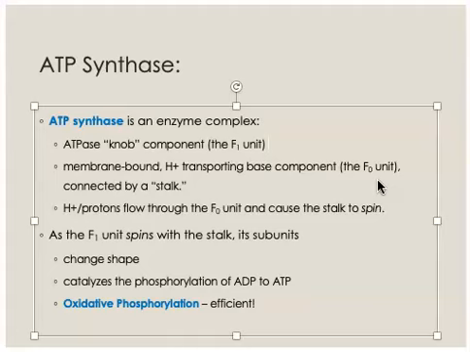It's going to cause that stalk to spin the F1 subunit, to literally physically rotate the F1 subunit. The F1, as it is rotating, changes shape slightly. And that shape change is going to catalyze the phosphorylation of ADP to ATP.